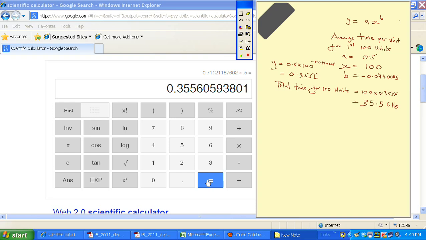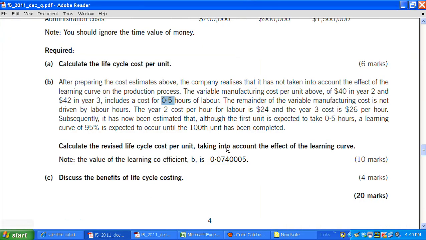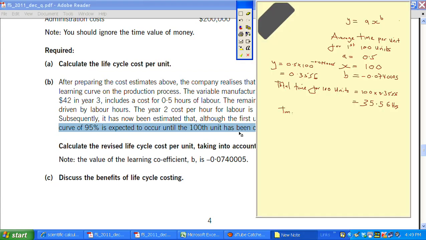Now we've been told that the learning curve occurs until the 100th unit has been completed. So beyond that, we need to assume that the time for the 100th unit will be the time for the remainder of the units. So we need to find the time for the 100th unit.